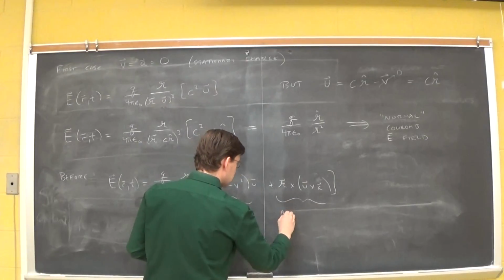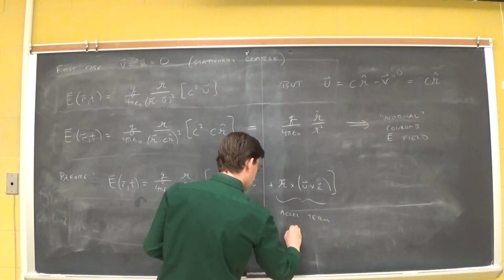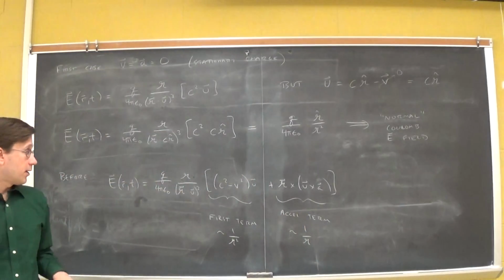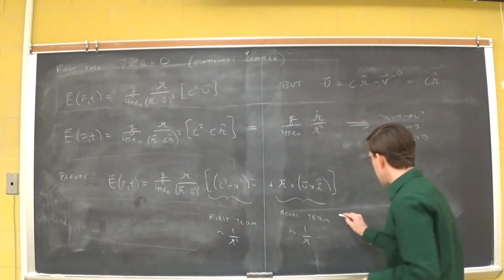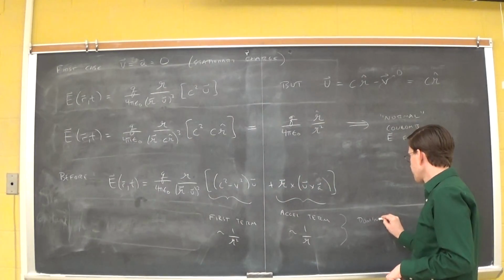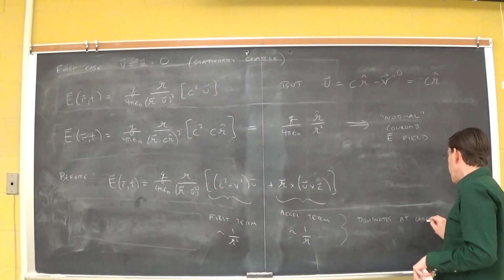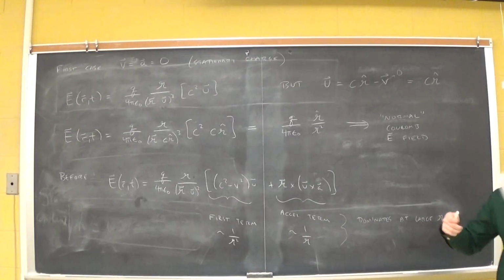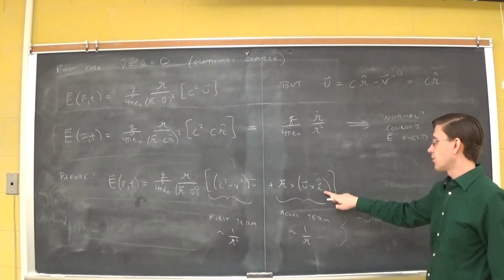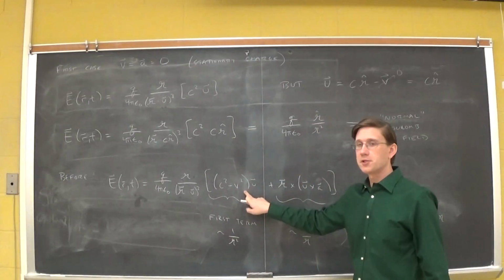And so we can say that this acceleration term in total just goes like 1 over R. And it's this acceleration term that dominates at large R. So if you're really far away from a moving point charge, it's this acceleration that's going to contribute most of the electric field, not this other term.